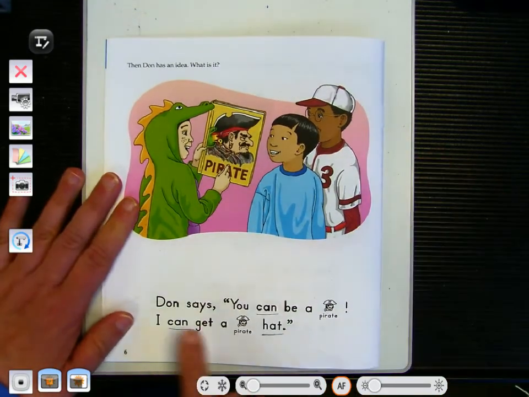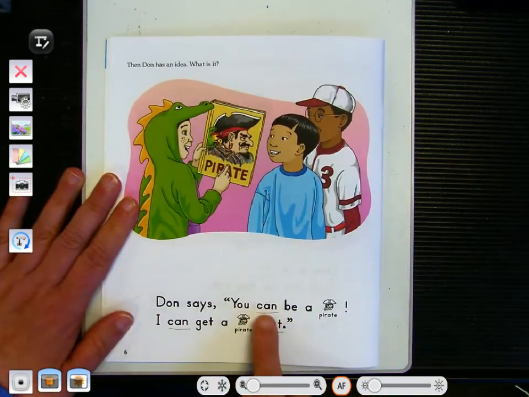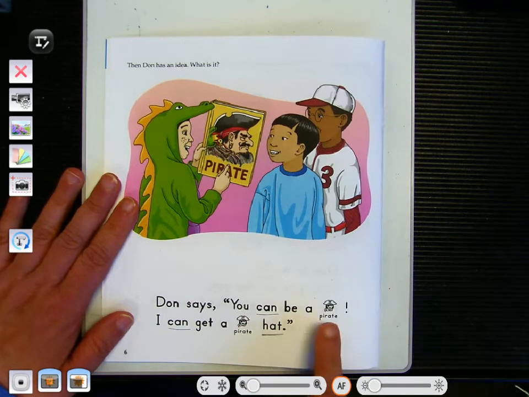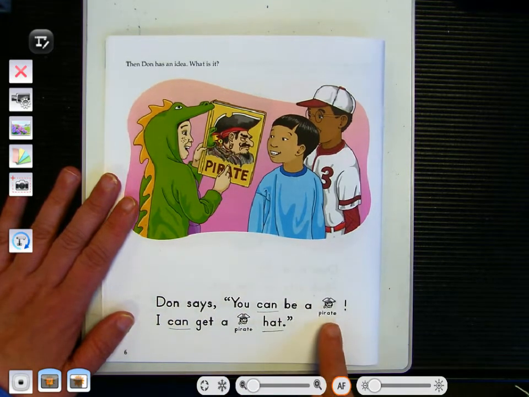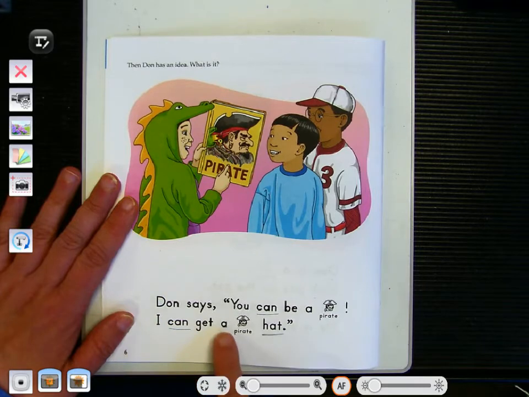Your turn. Let's read that page fluently. Don says you can be a pirate. I can get a pirate hat. Your turn.